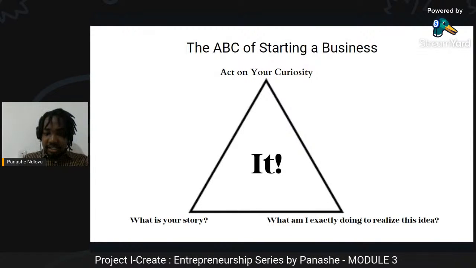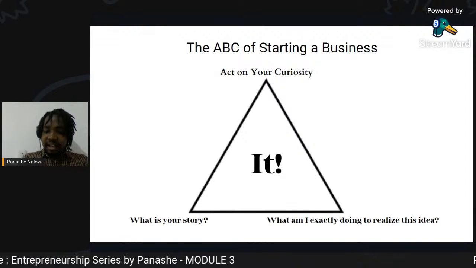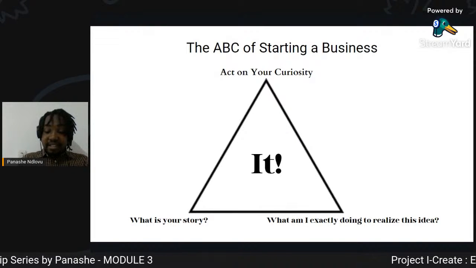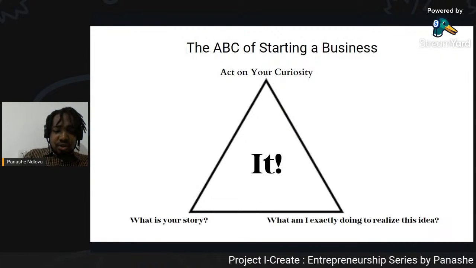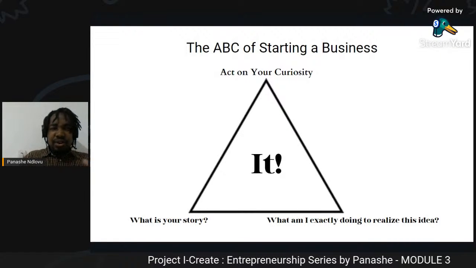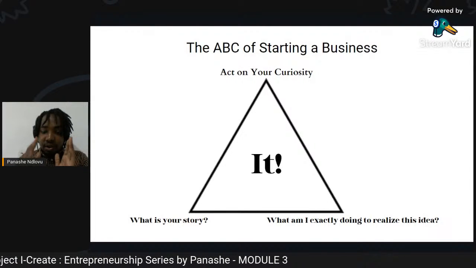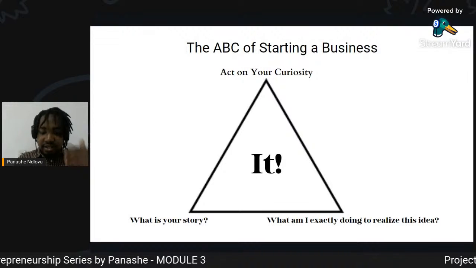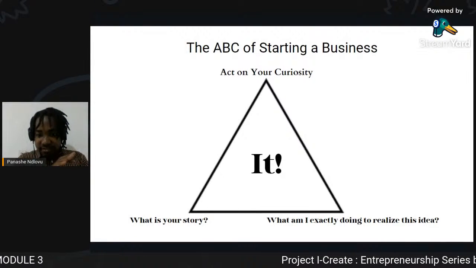And he never stopped moving forward. He never stopped going. And in his own words, he said, when you find something you love, keep at it because you will eventually hone that craft.